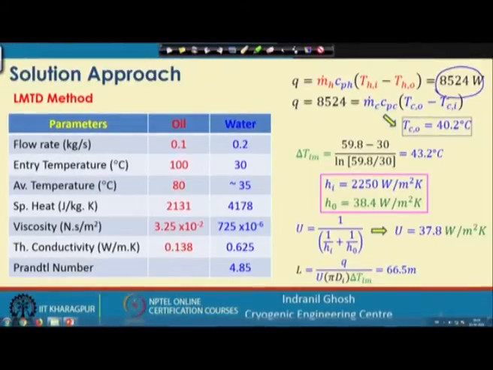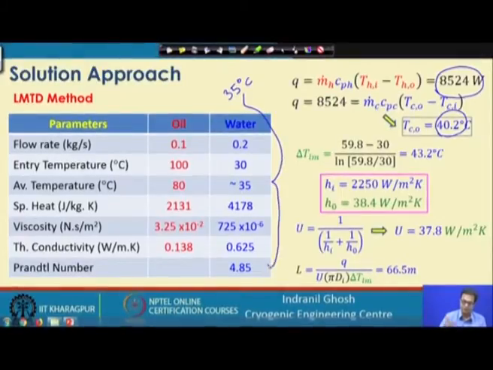So, 8524 watt was the amount of heat that was getting transferred, and from there we tried to calculate the cold exit temperature, and thereby we found that our assumption of the average temperature, that 35 degrees centigrade, based on which all these fluid properties were evaluated, was right. This is the exit temperature, and the average temperature is coming to be 35.